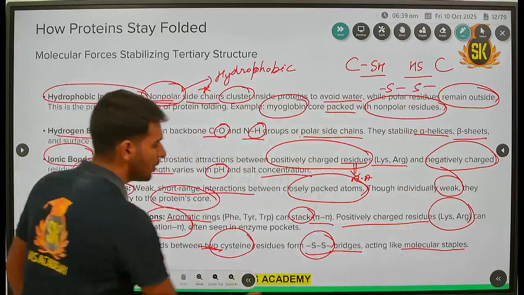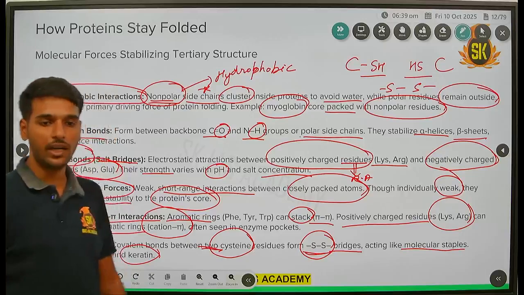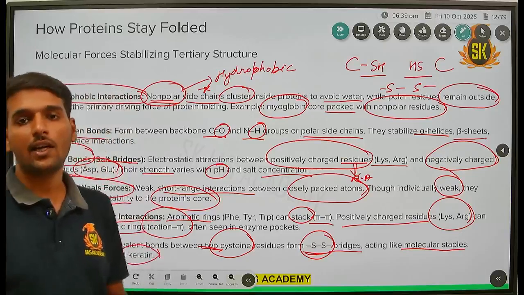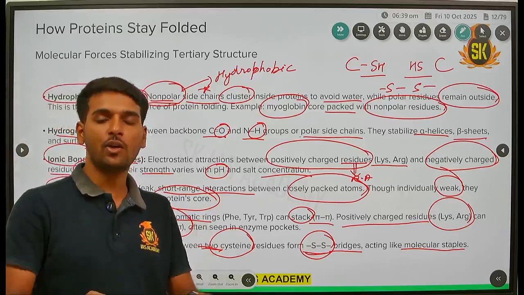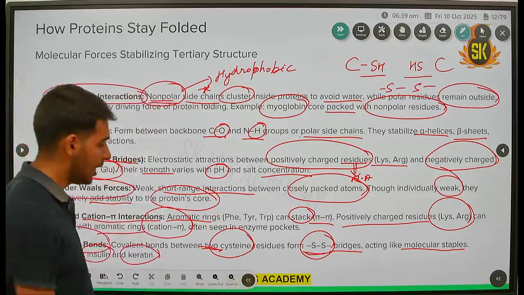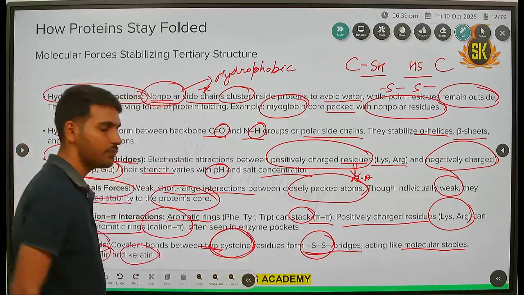So this is what is your disulfide bridges. The important point to note here is it occurs only in those amino acids which are containing sulfur. Example, cysteine. Got it?